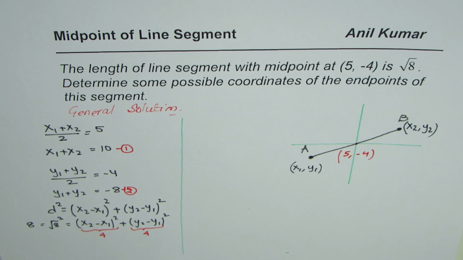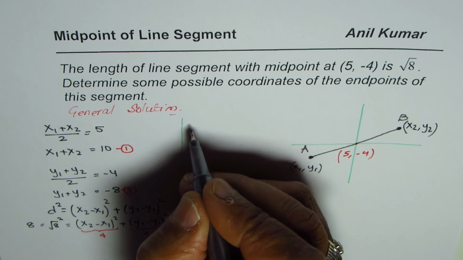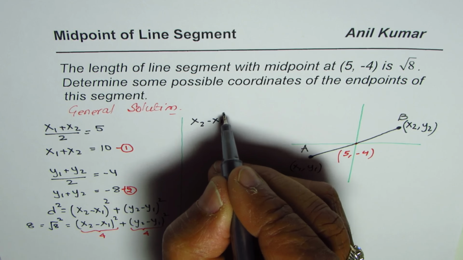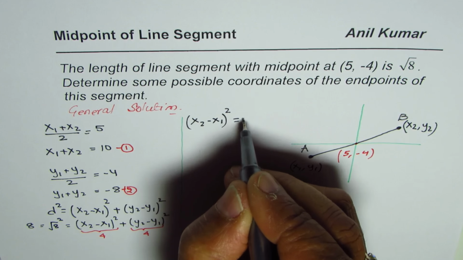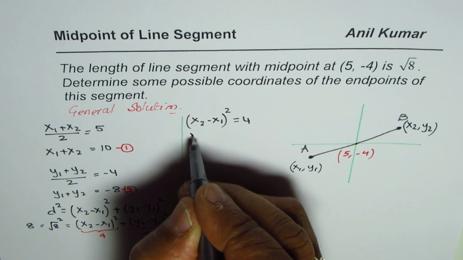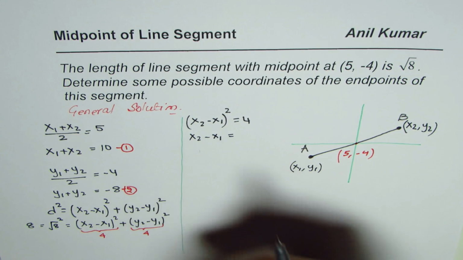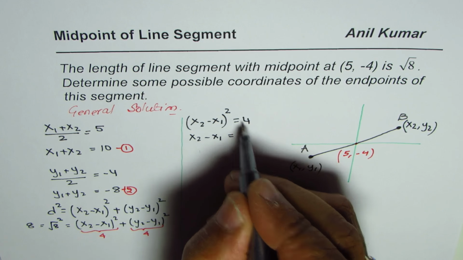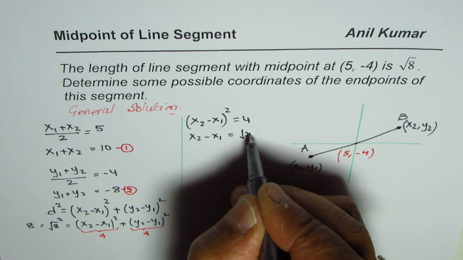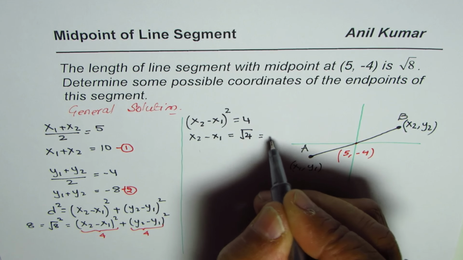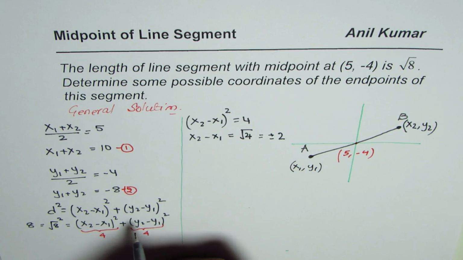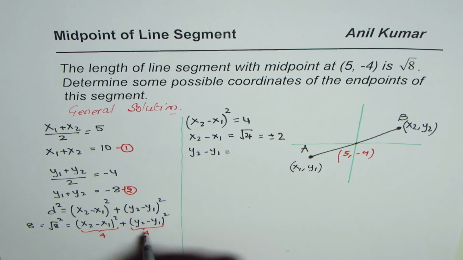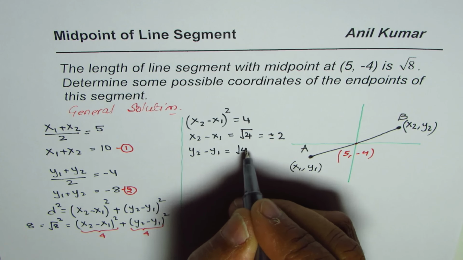So what we are trying to say here is, let the equation be (x2 minus x1) square equals 4, right? That means x2 minus x1 could be equal to square root of 4, which is plus or minus 2. So we get two equations from here. Similarly, we can say y2 minus y1 is equal to square root of 4, right?